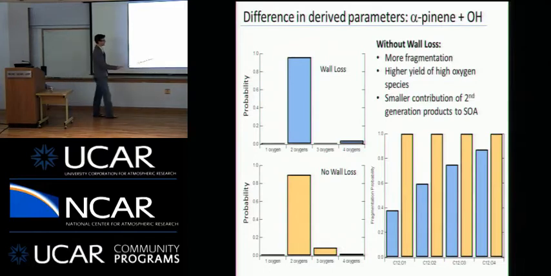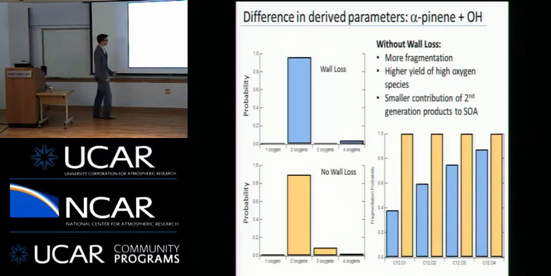But in fact, the amount of fragmentation that you need to put into the model when you don't have wall losses is basically you have everything after your parent compound fragments. Okay, there's basically no reaction that doesn't fragment.